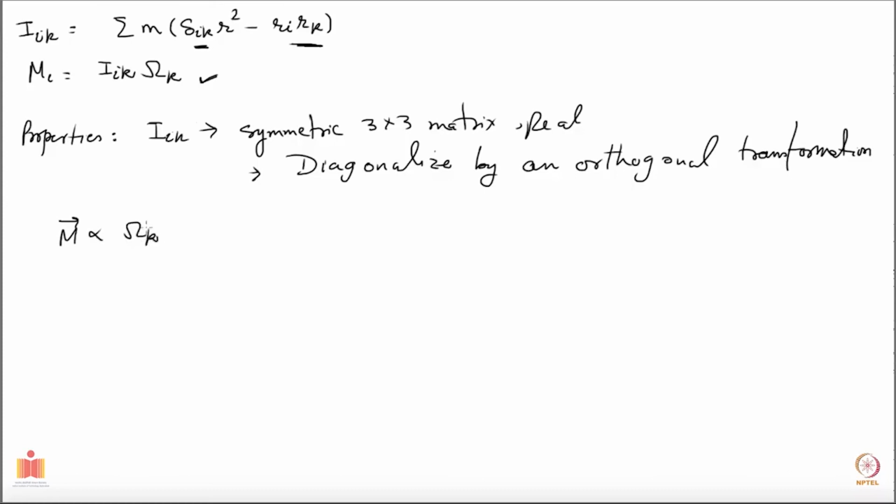It will be proportional to this vector, which would mean in terms of components that M_i would be some constant times omega_i, right? This is what the relation would be. But what you are seeing is not this kind of a relation, but something different.